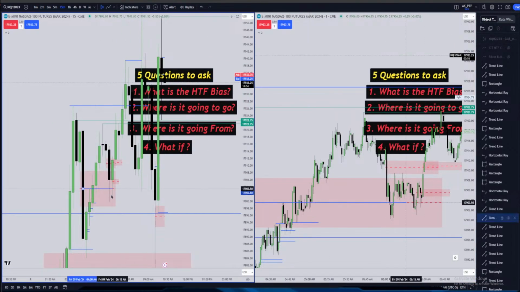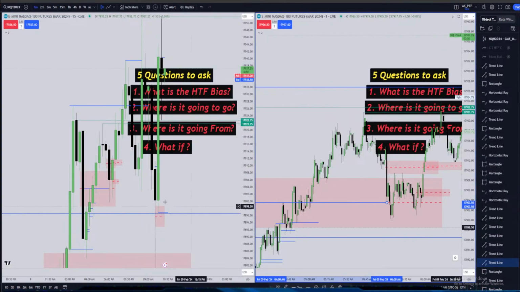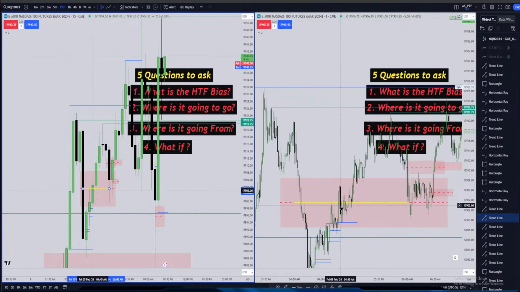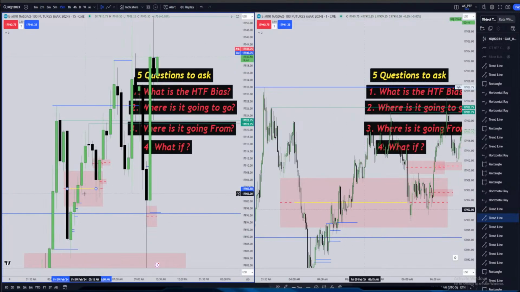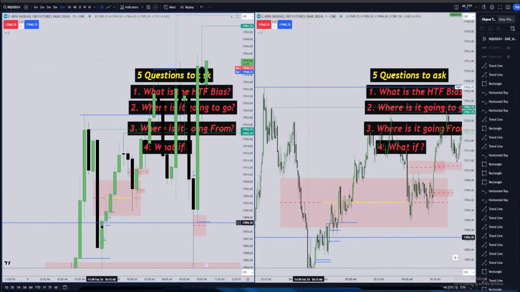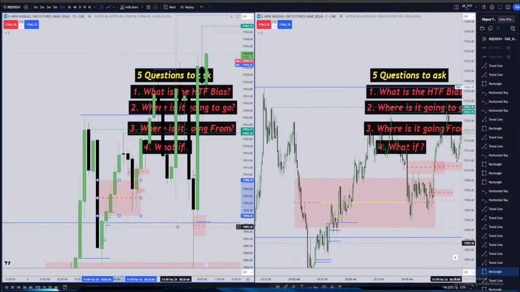You see this line, I will just change the color of the line so that you can understand. When the market was consolidating, I was just looking into this candle. This line is the previous candle's high and the middle point of this bearish fair value.